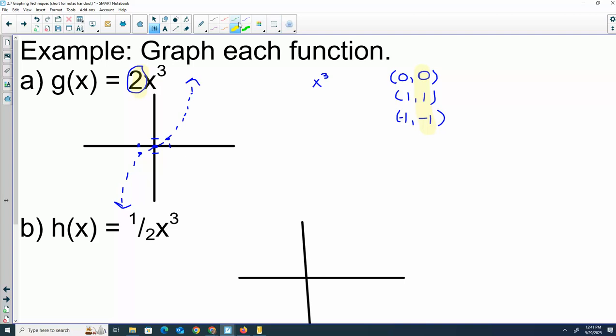So I'm just going to take my y values times 2. If I have 0, 0, and I take that y value times 2, it's still 0. But what will the point 1, 1 become? 1, 2. Because we're changing y, and we're taking it times 2. What about negative 1, negative 1? So my final answer has 0, 0, 1, 2.